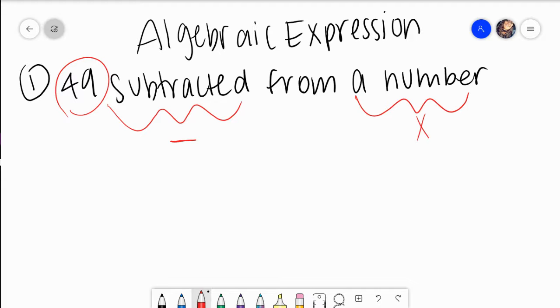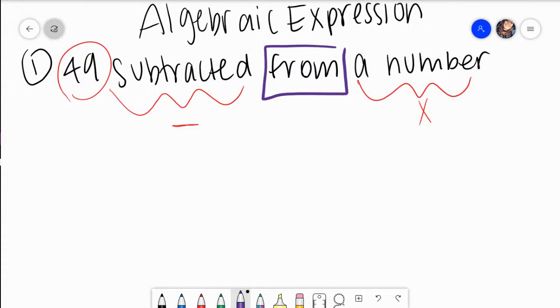Something that I didn't put anything under or circle is the word from. That's actually a very important word in this sentence. This is saying that I have a number and from it, 49 is being subtracted. I know it seems backwards, but that from really is going to help you figure this out.